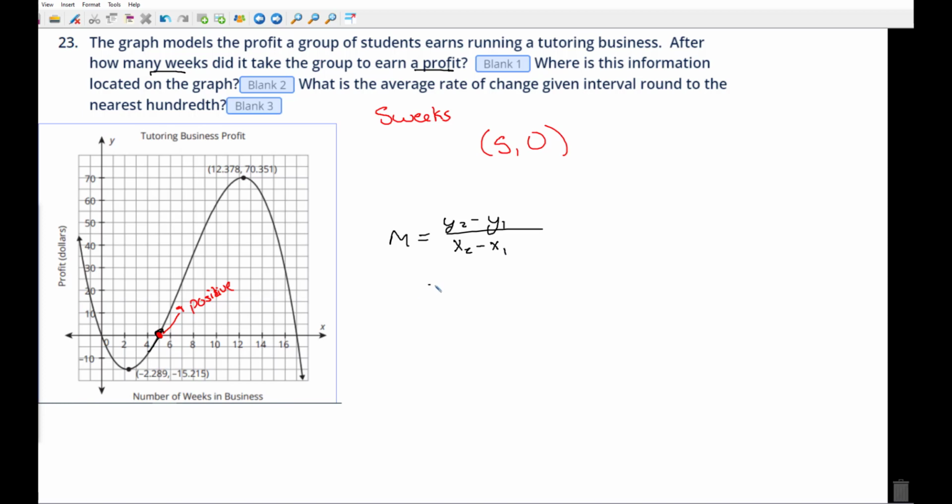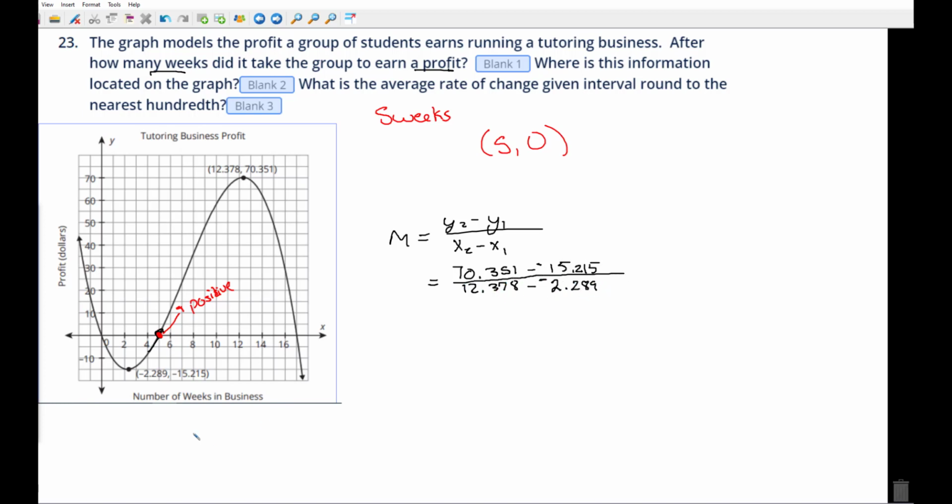And then we'll plug in our numbers from here. So we have 70.351 minus a negative 15.215 and 12.378 minus a negative 2.289.